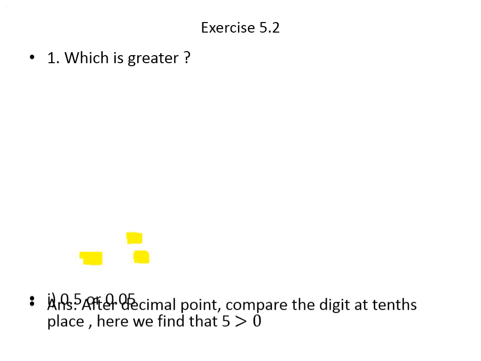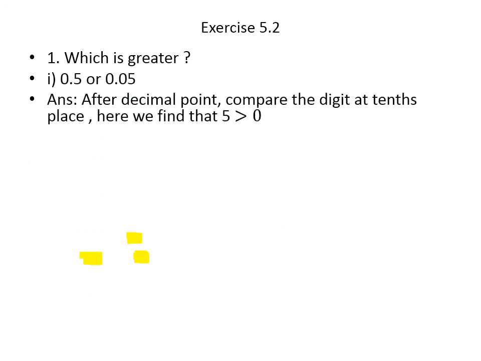Now which is a greater one? 0.5 is greater or 0.05 is greater? As I told you, on the left of the decimal point we do not have any digit. Therefore, there is no question of comparing the digit at the units place of both the numbers. Now we compare the digit at the 10th place.